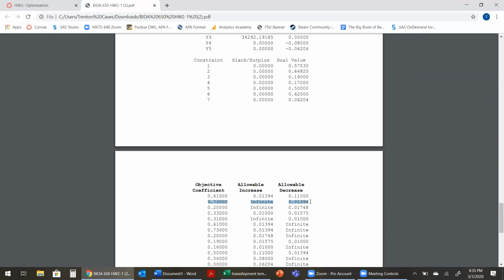So this one, when there's an infinite allowable increase, you know that any change is allowable. So that is not going to affect our optimal solution. So far, we're good.